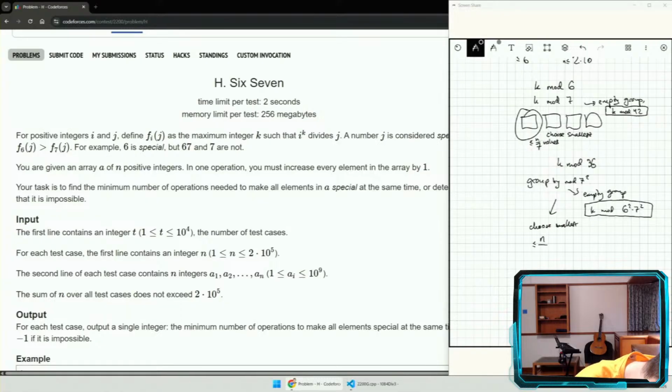So now I've got at most n over 7 times 7 squared values. Wait, now I have to group by. Wait, now I've got k mod 6 cubed, group by k mod 7 cubed. I've got an empty group. Yada, yada.